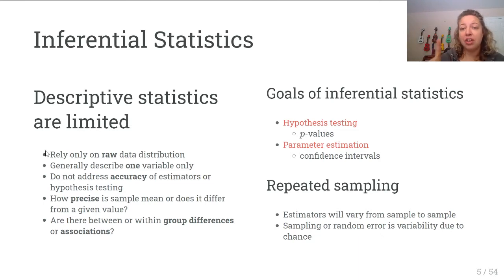So in Chapter 5 here, we're going to focus on hypothesis testing and the p-value. That's pretty much what we're going to talk about today. Next, in Chapter 6, we're going to talk more about parameter estimation and confidence intervals, and we'll bring in the idea of effect sizes.